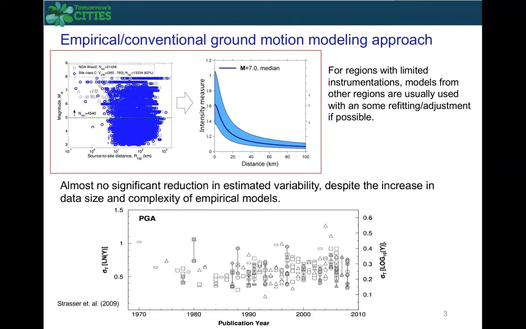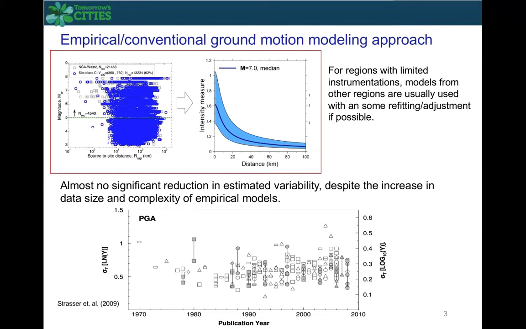Looking at the progression of empirical ground motion models in the past few decades, we can see that no significant reduction has been apparent in the estimated uncertainty from these ground motion models. This is despite the fact that the number of recordings in the past decades has increased and the complexity of the ground motion has also increased.